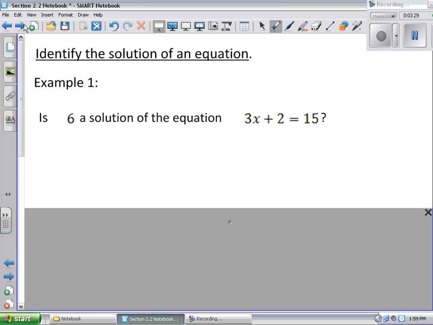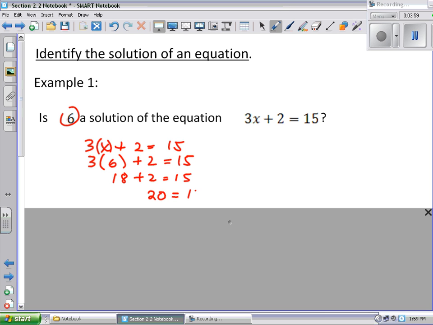Identify the solution of an equation. Is 6 the solution of the equation 3x plus 2 equals 15? So I have 3x plus 2 is equal to 15, and I'm going to plug in the 6 for the x, so that we will have 3 times 6 plus 2 is equal to 15. 3 times 6 is 18, plus 2 is 20, is equal to 15.